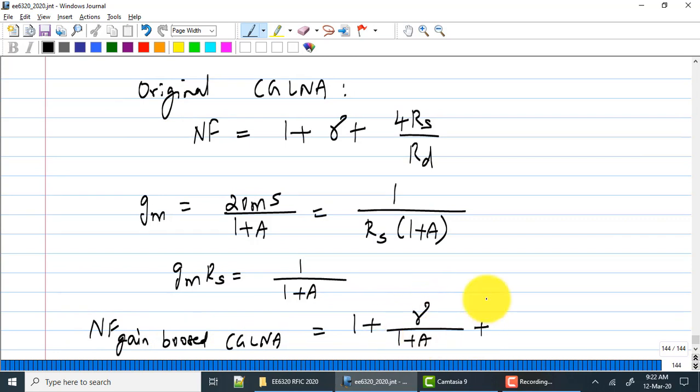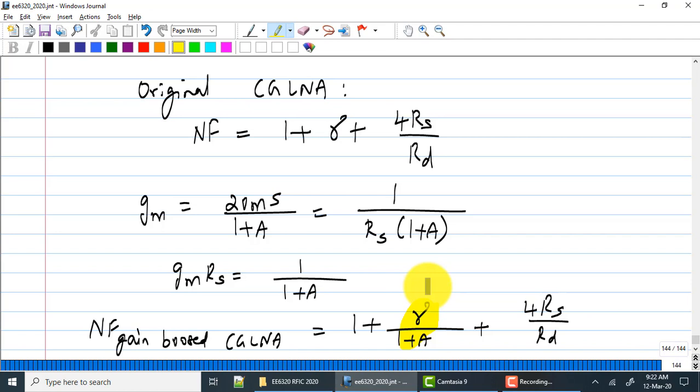Remember in the original common gate LNA, it was gamma that was causing the problem of high noise figure, right? So now it's clear that if you were able to apply negative feedback in this fashion, you can improve the noise figure of the common gate structure. This circuit is quite popular. It's about 20 years old. It is called the gain boosted common gate LNA.